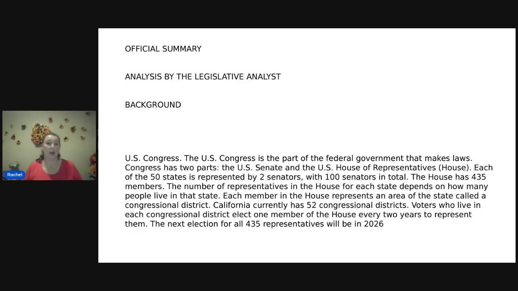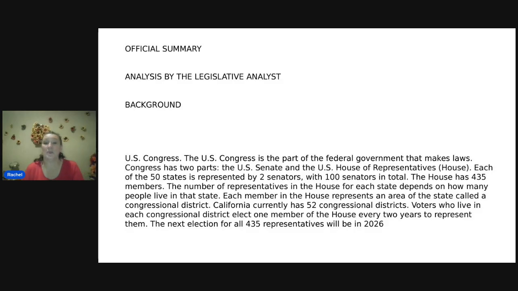The U.S. Congress is part of the federal government that makes laws. So we're basically doing a civics lesson here. It has the Senate and the House. All 50 states have 2 senators, which gives 100 senators total, and then the House has 435, with districts done by population.